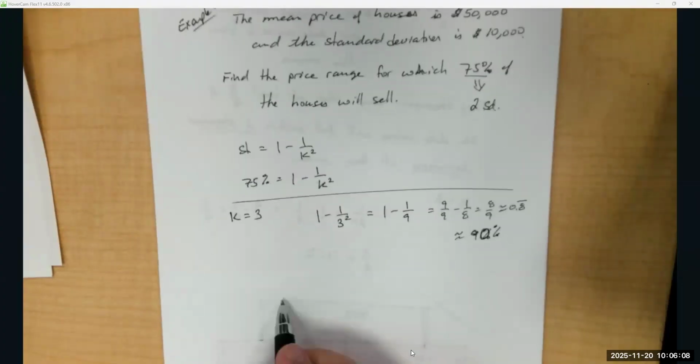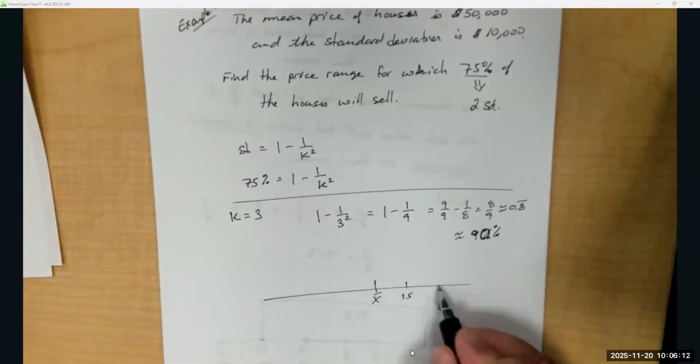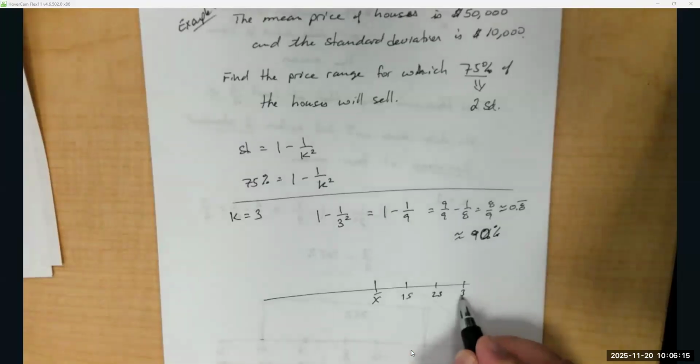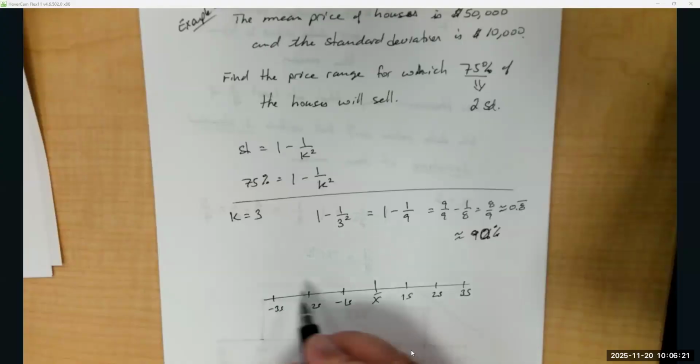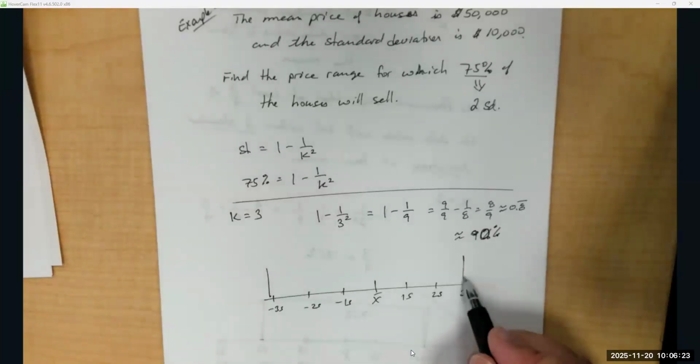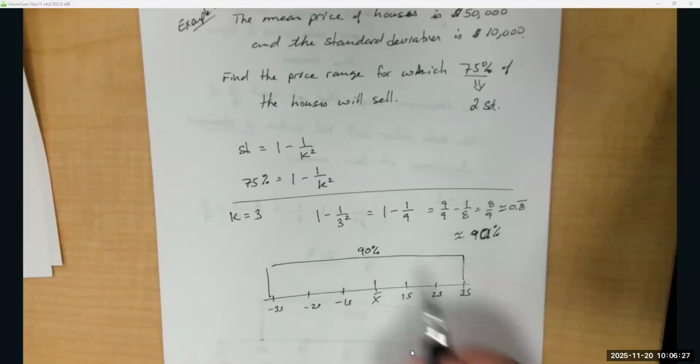So within 3 standard deviations from the mean, it's saying that 90% of the data fall within that.